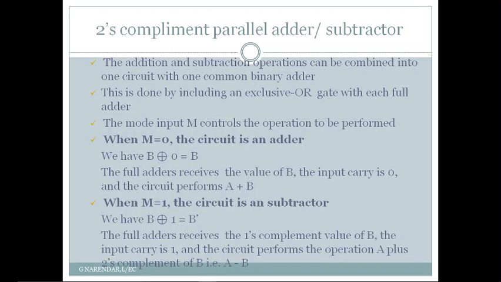So this is the 2's complement parallel adder and subtractor. You can see that the addition and subtraction operation can be combined into one circuit with one common binary adder. And how this is done is by including XOR gates with the full adder. To make the subtractor circuit, we included NOT gates with the B inputs.